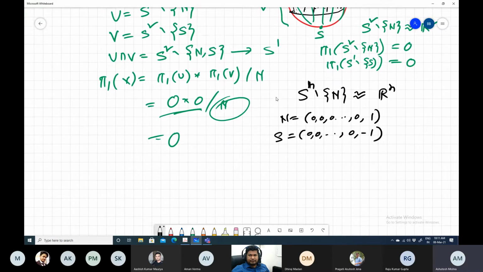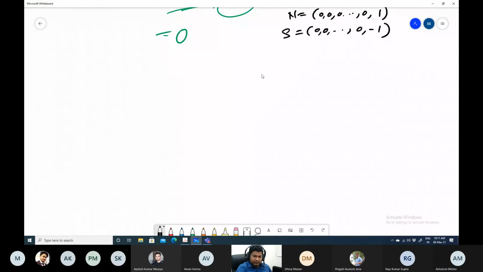Okay. Right. So another one is called a wedge product. It is written as S1 wedge S1. This is called a wedge product, which means you have one circle and another circle, and they share a common point.